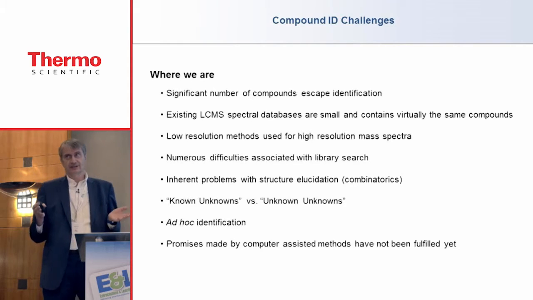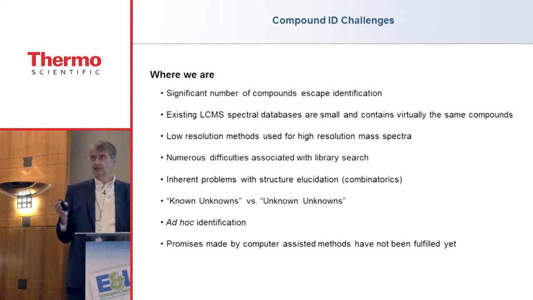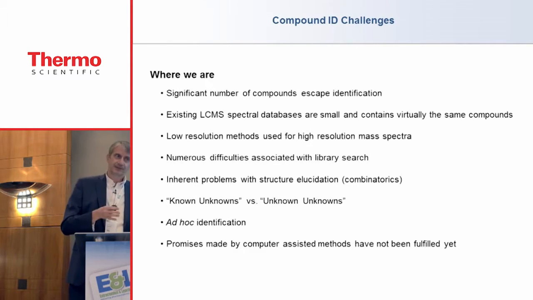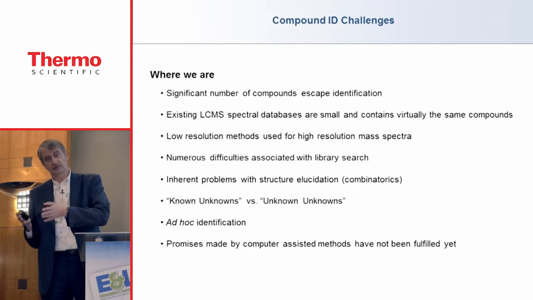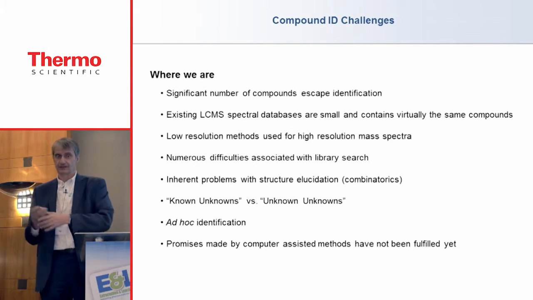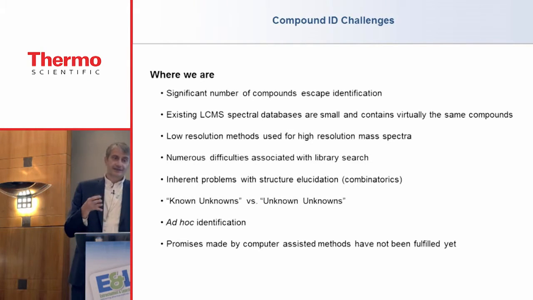Today we have very cool techniques like high resolution, but people and software are still using low resolution thinking when using high resolution spectra. Even though library search is a great technique, it has a lot of nuances and problems, and I would like to mention a couple of them.